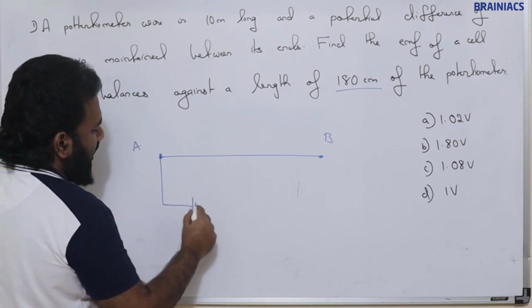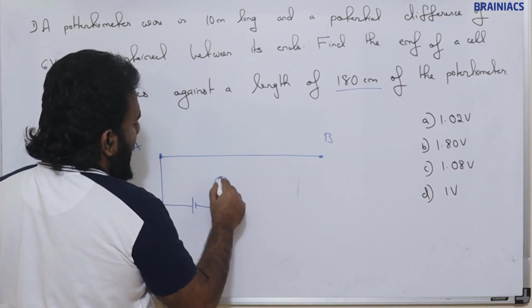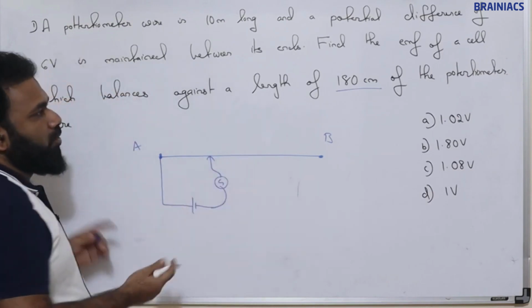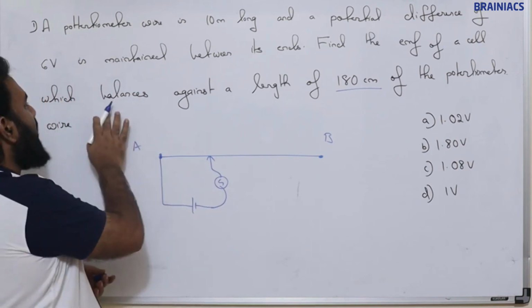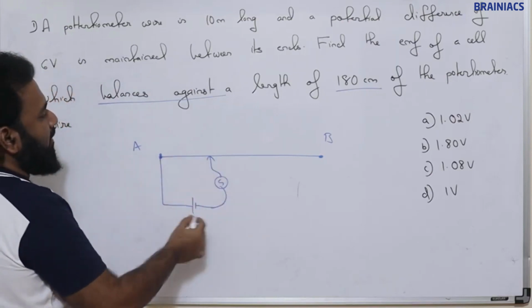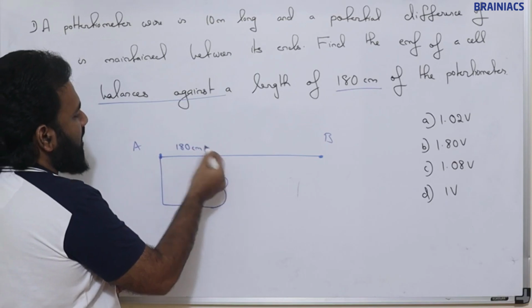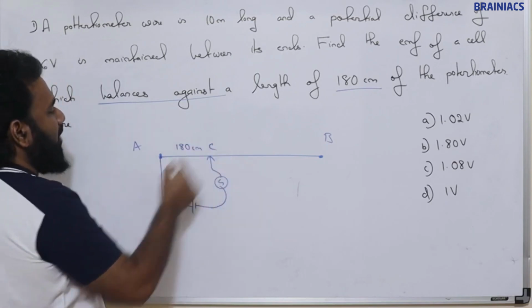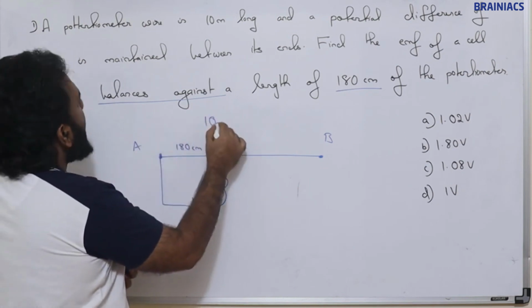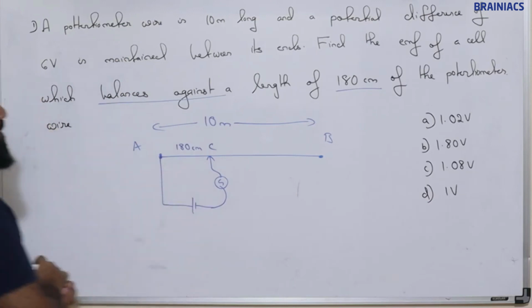Simply a cell is connected, and a galvanometer, and somehow the jockey found a point where the galvanometer shows zero deflection. That is what they mean by balancing against. So this is the balancing length, 180 centimeter, say AC. The total length of the wire is 10 meter.